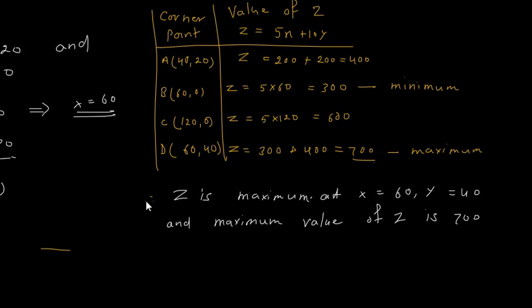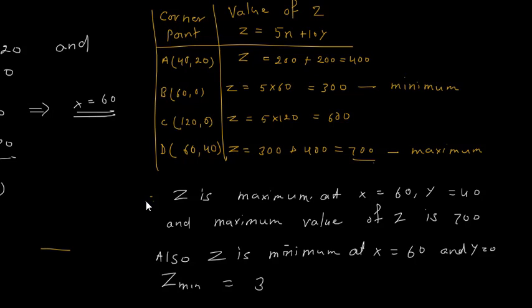Also, Z is minimum at x is equals to 60 and y equal to 0, and Z minimum is equals to 300. So Z maximum is 700 and Z minimum is 300.